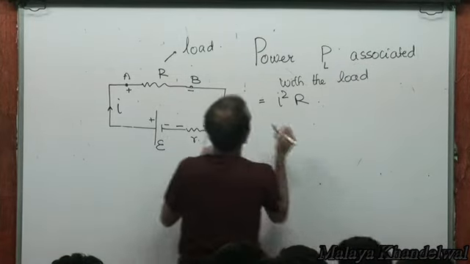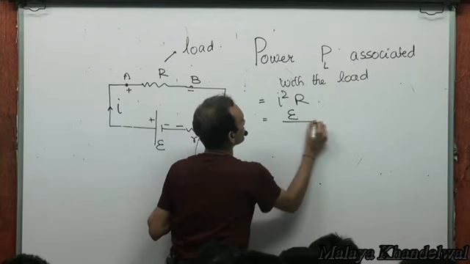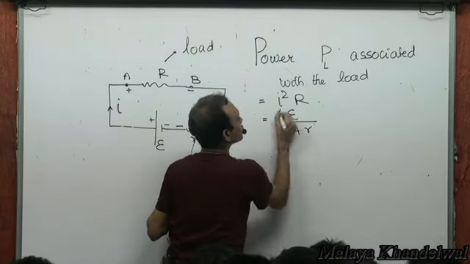Where I we have obtained as epsilon by R plus small r, whole squared.